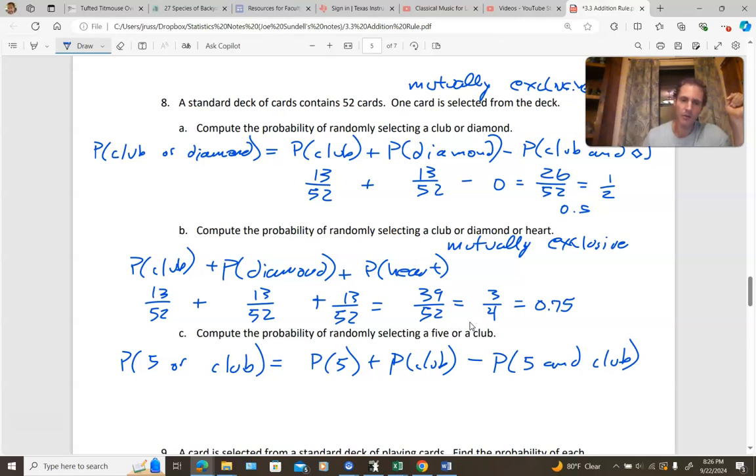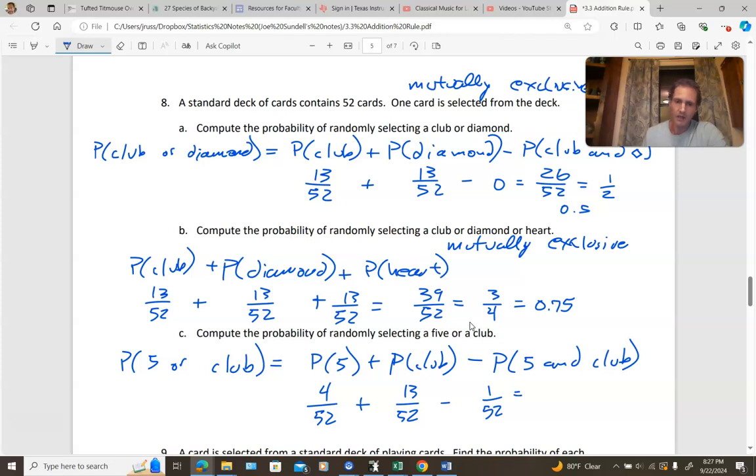Now the probability of selecting a 5 is going to be 4 out of 52 because there's 4 5s. Probability of selecting a club, well, a club is a suit, so it's 13 of those, minus, and then because there is a 5 of clubs, there is 1 card out of 52 that satisfies both of those events, or is in the realization of both of those events.